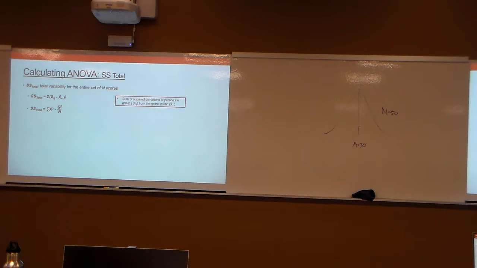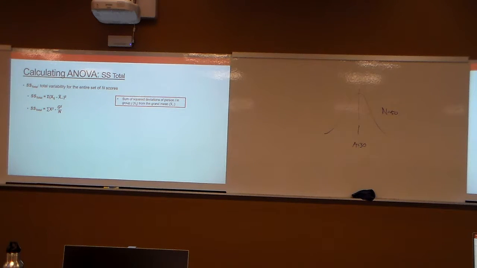If we're looking at the conceptual calculations, or by definition, our sum of squares total is the sum of the squared deviation scores of person i in group j from the grand mean.